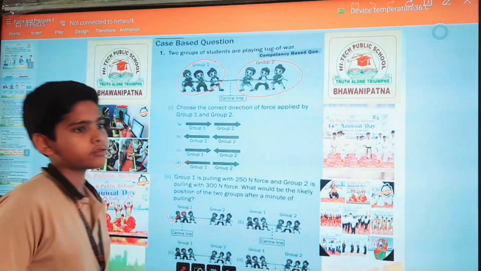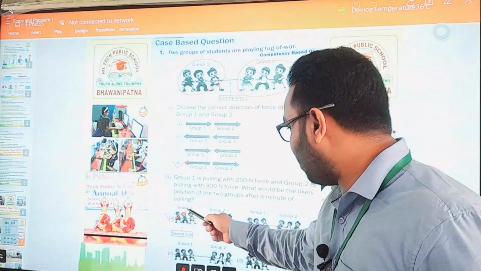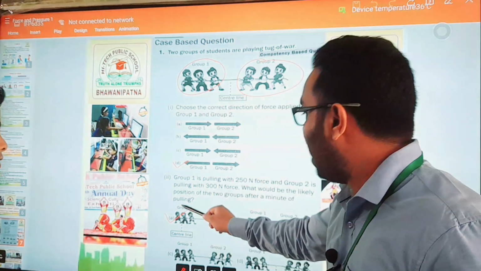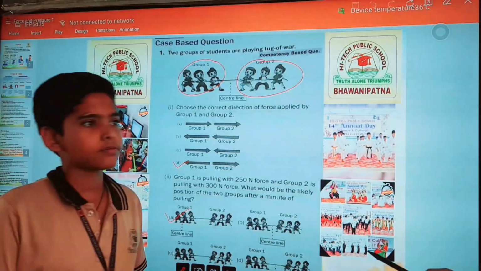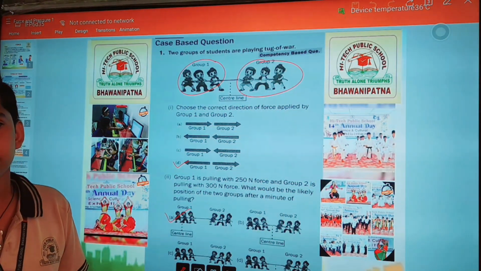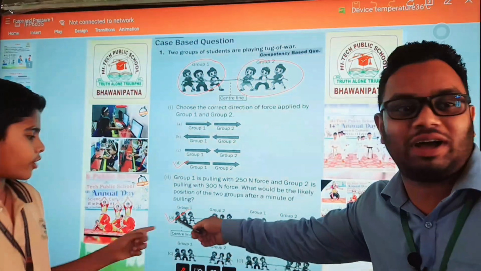Very good. Well answered. So here group 1 will come towards group 2 and they will cross the center point and group 2 will win the match. Yes or no? Sir, but group 2 is pulling with more force. Yes, they are pulling with more force. So group 1 will come and cross the center line.